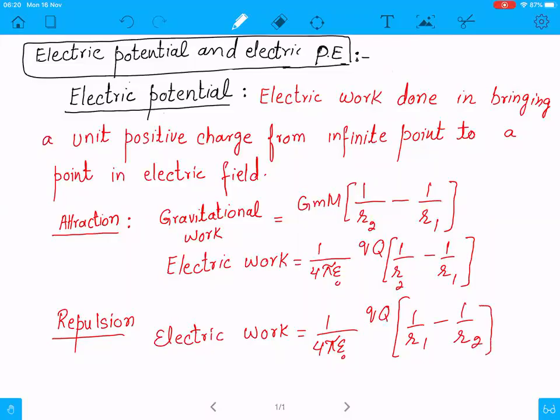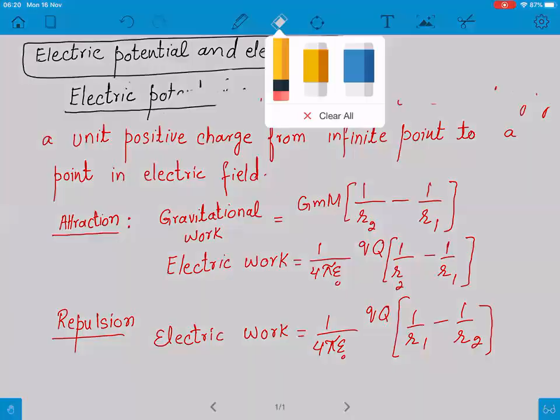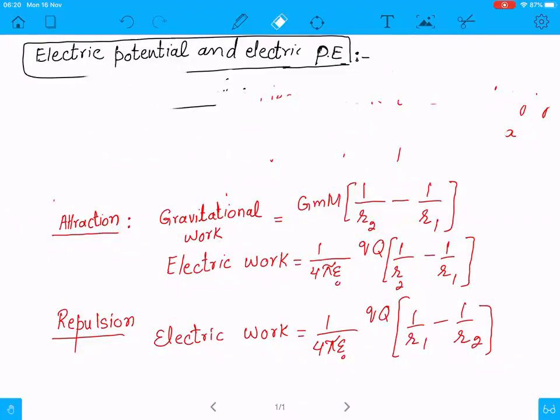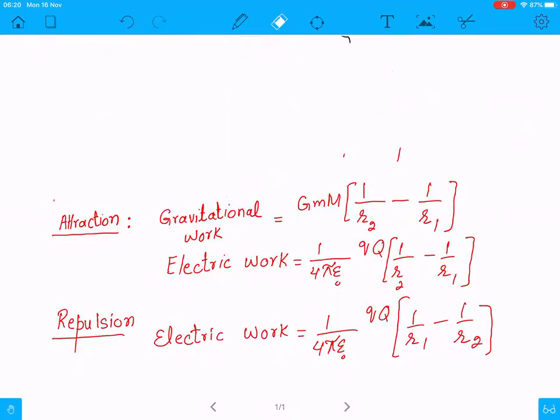Now, if we define the variables that we used, we must know what the variables in this formula represent.